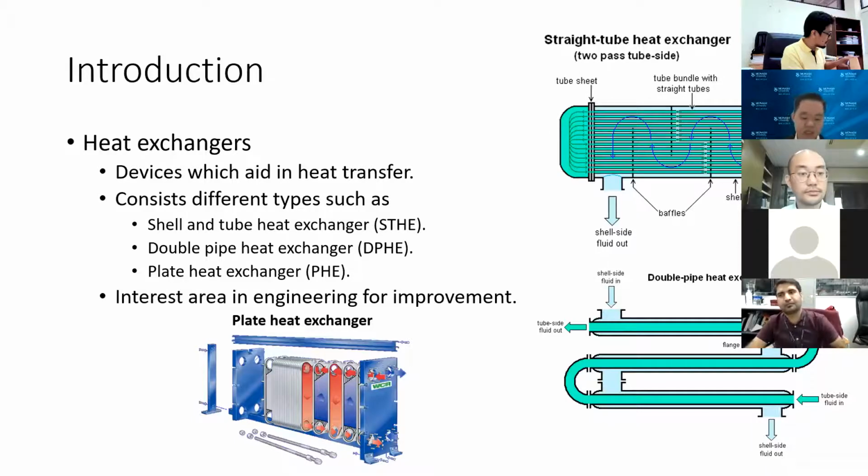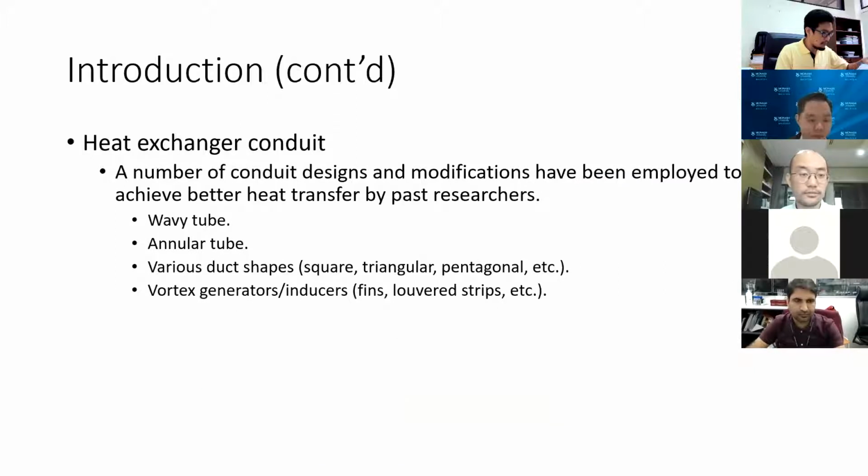A heat exchanger is a device that helps transfer heat between two mediums. So our objective here is to improve the efficiency of the heat exchanger. There are different types of heat exchanger, for example, shell and tube heat exchanger, double pipe heat exchanger, and plate heat exchanger. Different conduits are used in different types of heat exchanger.